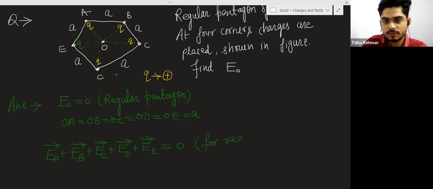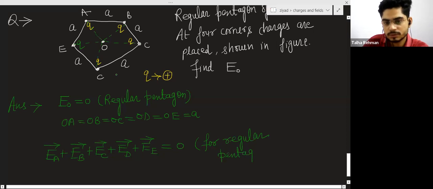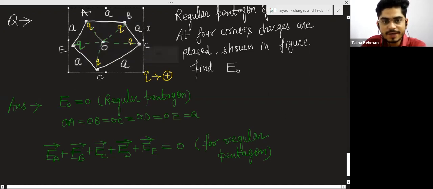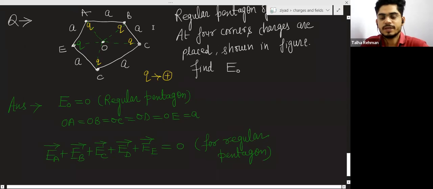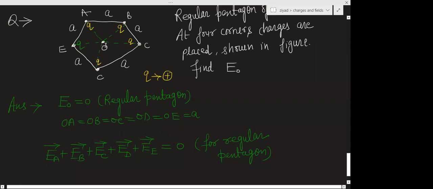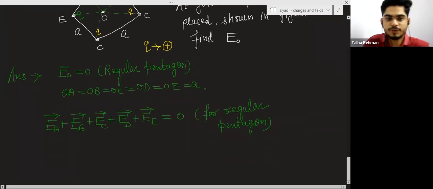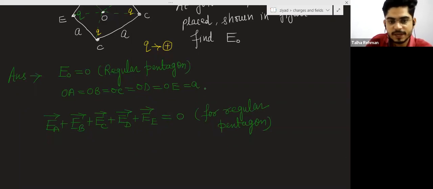The vector summation of the electric field due to all the charges must be 0 at this point O. So we want to find the electric field at point O.